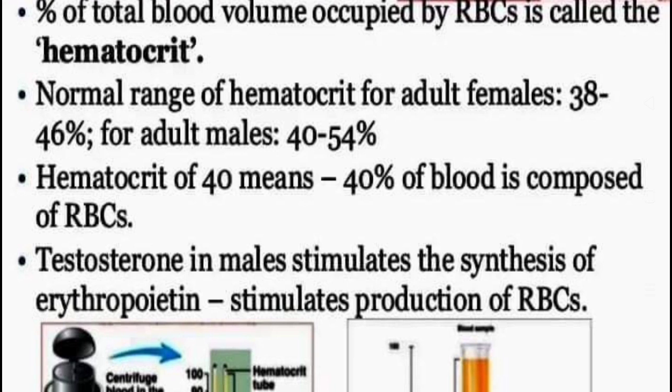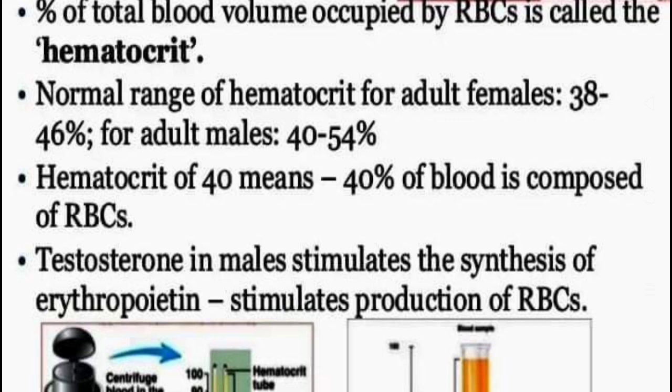Percent of total blood volume occupied by red blood cells is called the hematocrit. Normal range of hematocrit for adult females is 38 to 46%, for adult males 40 to 54%.